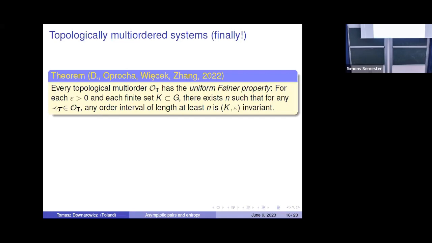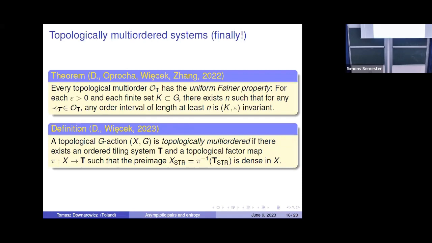Here we know that for each epsilon and k, because the Følner property is defined as k epsilon invariance, I'm not going to remind you what that means, there exists some n such that for any element of this topological multi-order, any order interval of length at least n is k epsilon invariant. So it's a very strong uniform Følner property, which is very crucial for what we want. And the same is true for Z. If you take any interval of length n or larger, it is n epsilon invariant, regardless of where you take it.